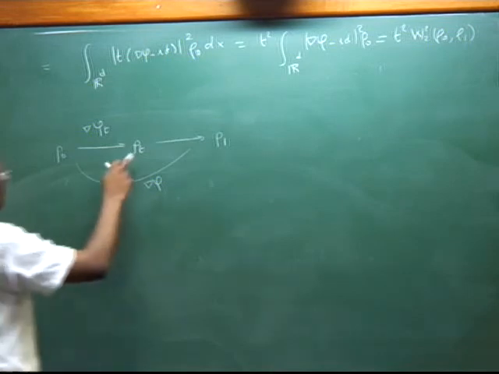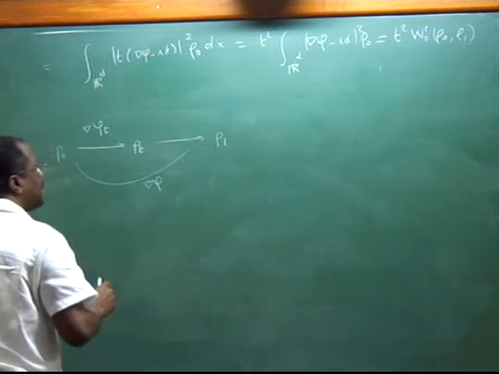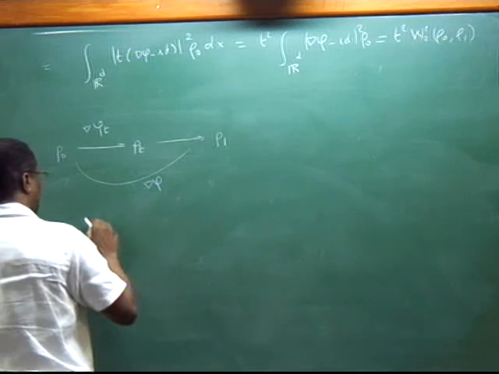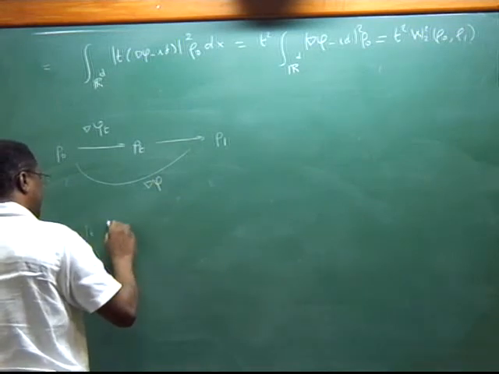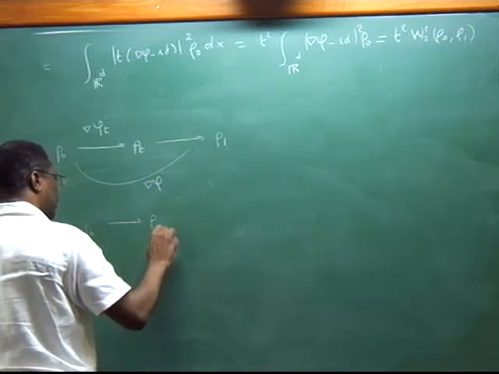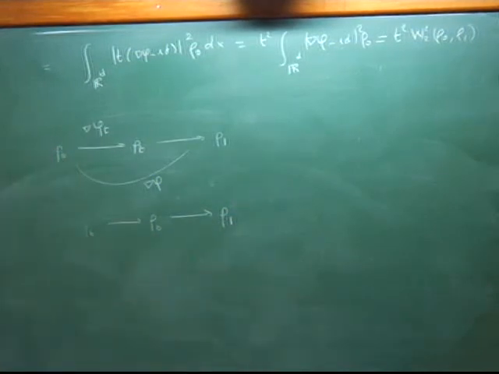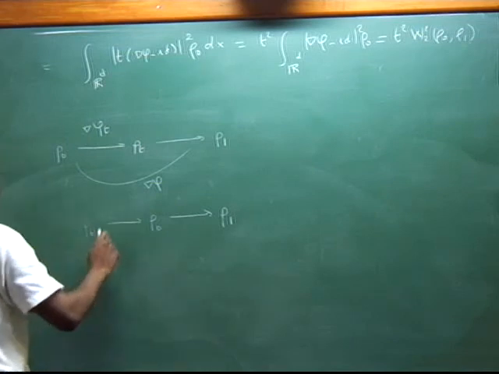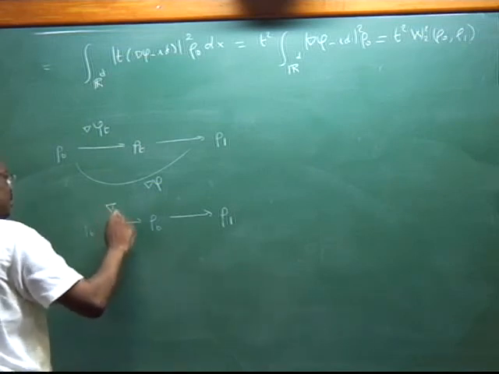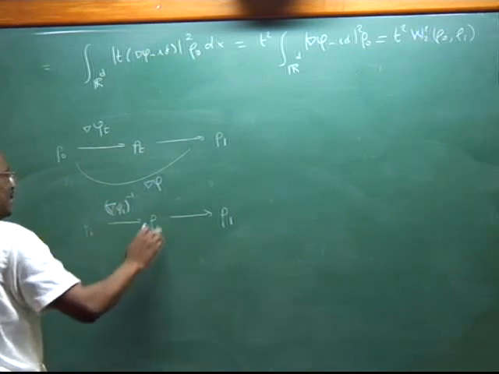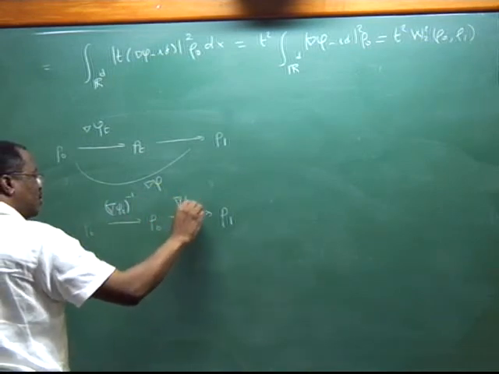If I want to go from rho t to rho 1, I go from rho t to rho naught and then from rho naught to rho 1. This is the inverse of the gradient of phi t, and this is the gradient of phi.